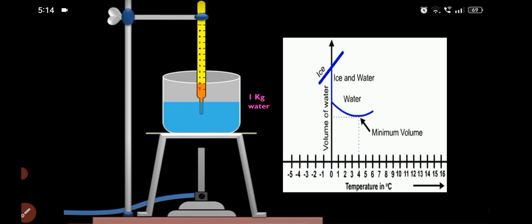How does it help? What happens exactly when the temperature goes below 4 degrees Celsius in colder regions? Why doesn't all the water of the lake freeze up? Only the upper layer freezes and the water below the ice layer remains in a liquid state, and this is because of the anomalous behavior of water which helps in the survival of aquatic or marine life.